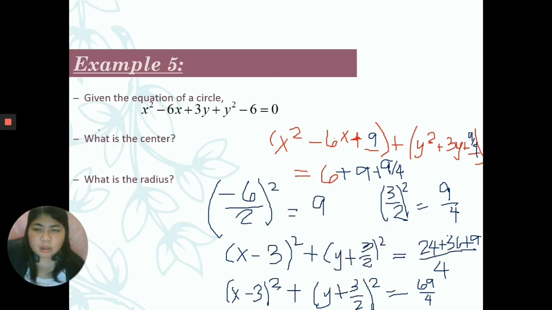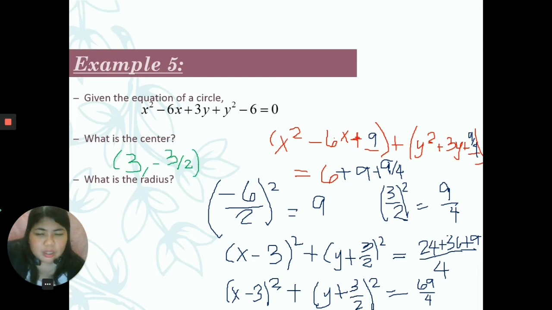Based on your equation, the center is, -3 so that would be positive 3. The x-coordinate is positive 3, and the y-coordinate is negative 3 over 2.